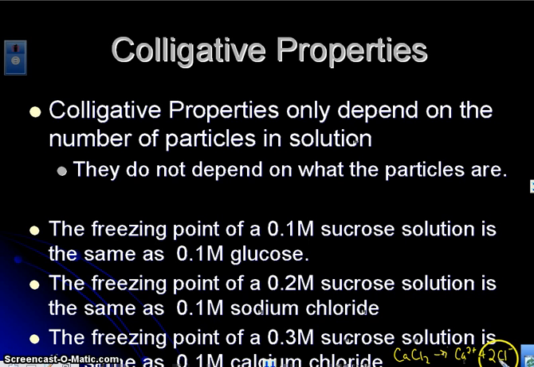So now you have 3 particles for each formula unit of calcium chloride, but each sucrose molecule is just one individual particle. So one way that this can be useful is if you add calcium chloride to the salt solution that you're using to spray on the roads, then that can cause more of the ice to melt. And I think probably less here maybe than in northern states, but they may use more calcium chloride when the temperatures are lower to increase the amount of ice that's melting on the roads to keep the roads safe.